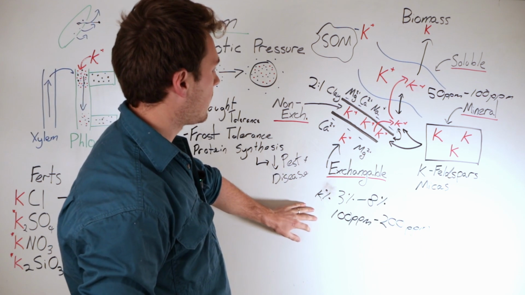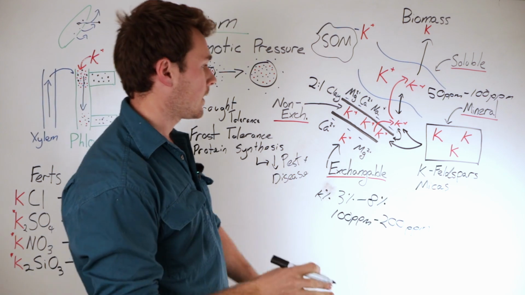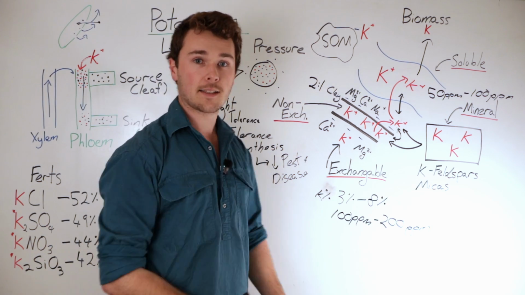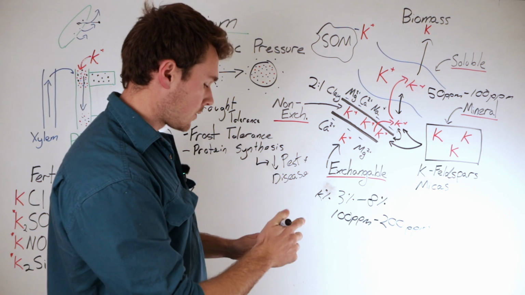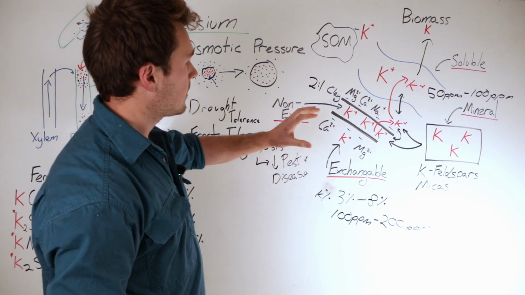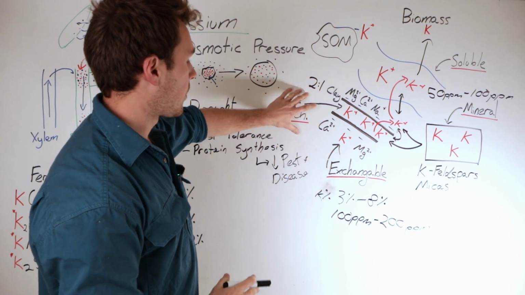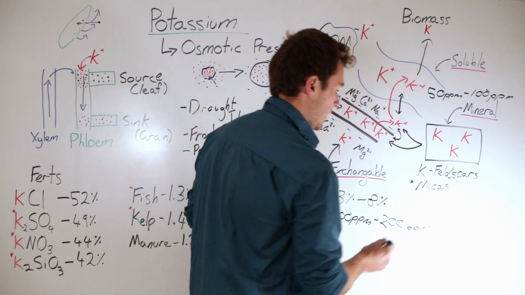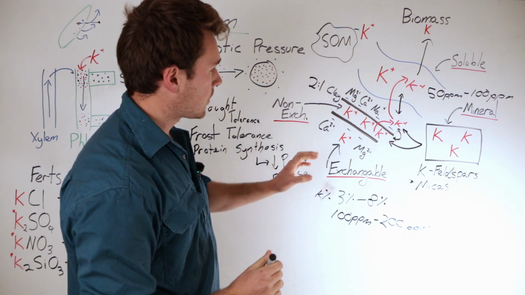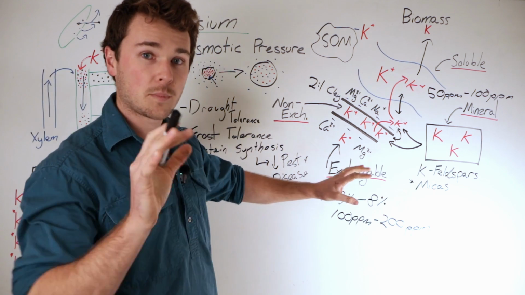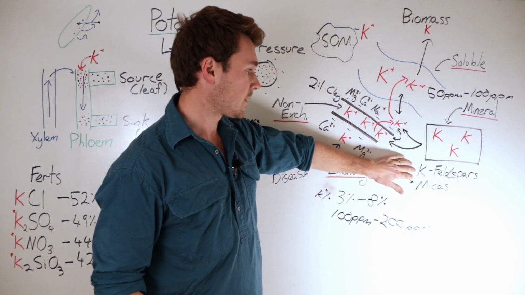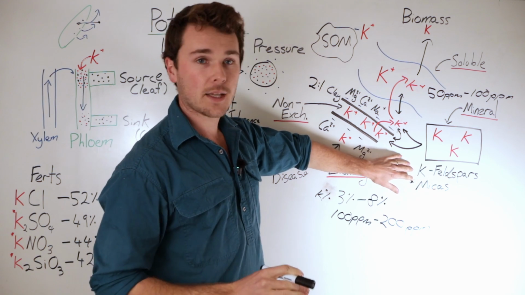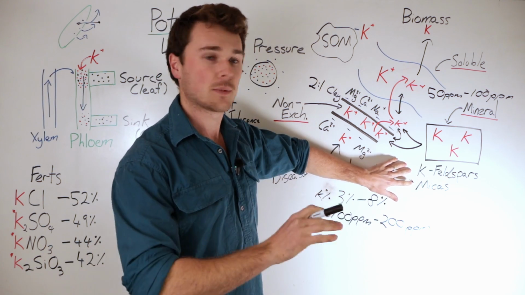That's exchangeable. The other test we do is a total potassium test. This sounds great, and it is really good because it considers soluble, exchangeable, non-exchangeable, as well as the micas. But the big thing it doesn't consider is your potassium feldspars. This makes up a lot of the potassium in your soil.